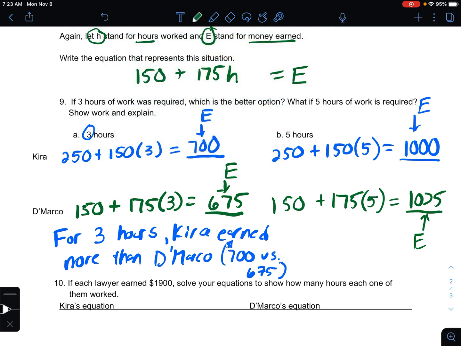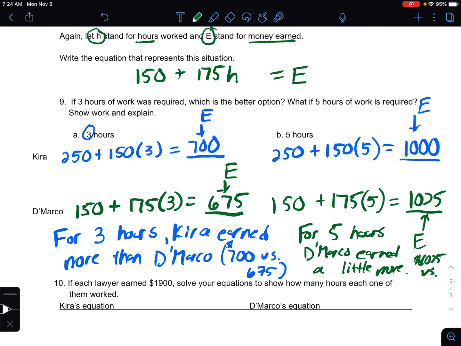And then we can say for 5 hours, DeMarco earned a little more. 1,025 versus 1,000. Running out of space there, but let's answer that question.